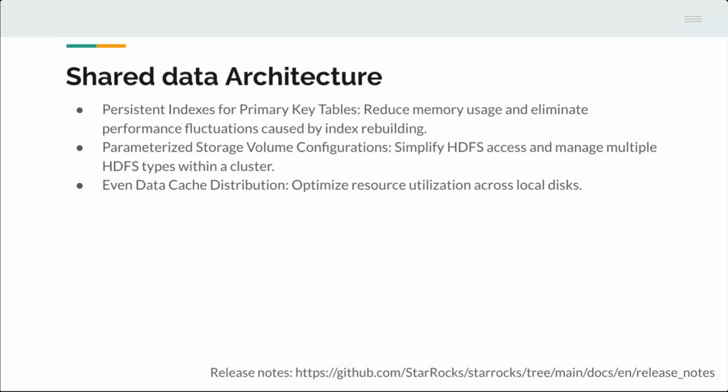I mentioned a little bit that our goal is to move features over from shared nothing to shared data. So we moved over some of the indexes for primary key to shared data and are able to persist that onto storage, right? S3 storage.